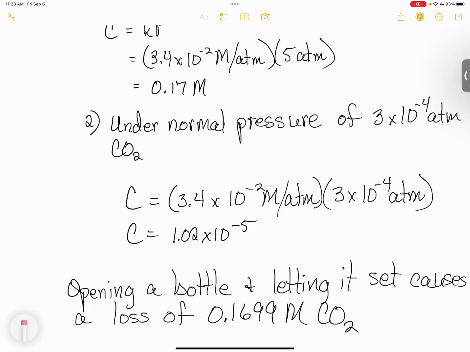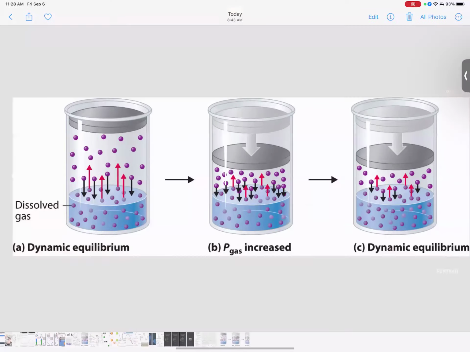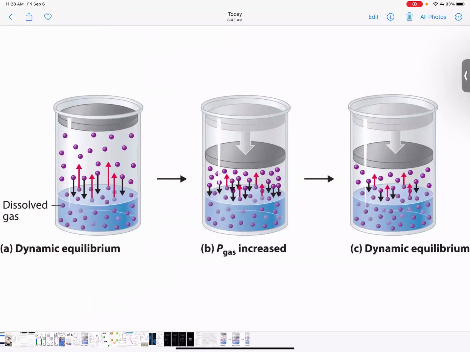But basically, once we seal this up, it's under 5 atmospheres of pressure. We have 0.17 molar CO2 in this water. You unseal this, and all of this gas escapes. Now, it takes a little bit of time.